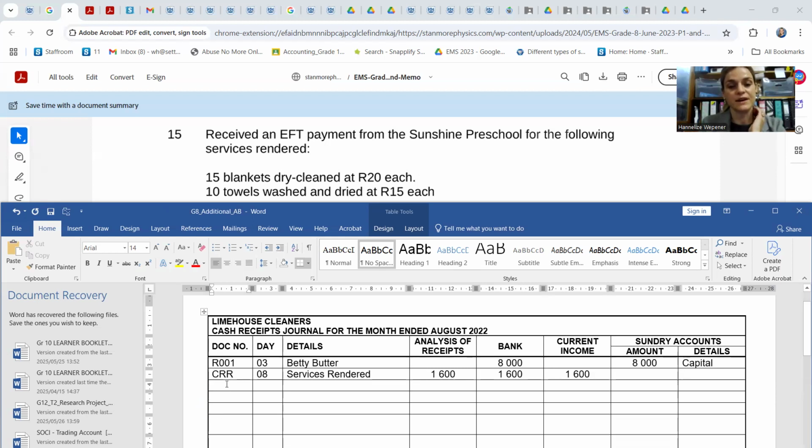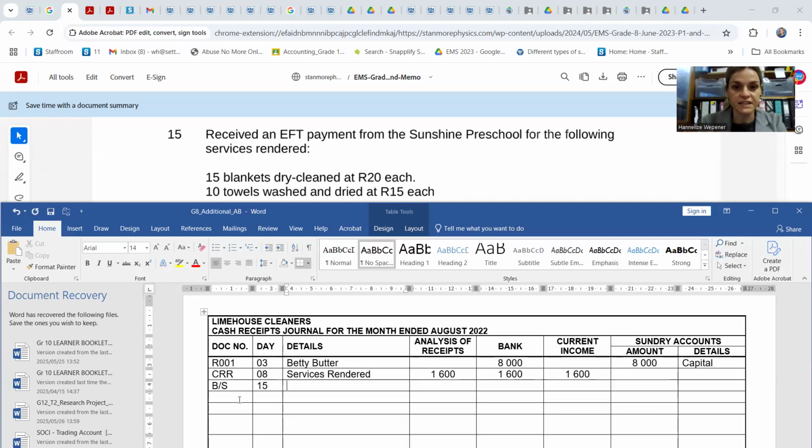Remember, when it is directly into your bank account and it doesn't say that you issued a receipt, then your source document is B/S, meaning you will see this on your bank statement. EFT is also allowed here. However, to make it easier once we start doing the cash payments journal in term 3, I prefer having B/S in my CRJ, and then I keep my EFTs for my CPJ.